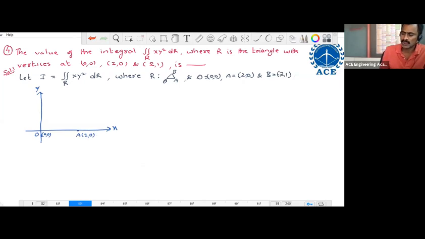The x coordinate is 2 and the y coordinate is 1. Both are positive, so this point lies in the first quadrant. At x equal to 2, the y height is 1. That's B (2, 1). It is a triangular region.